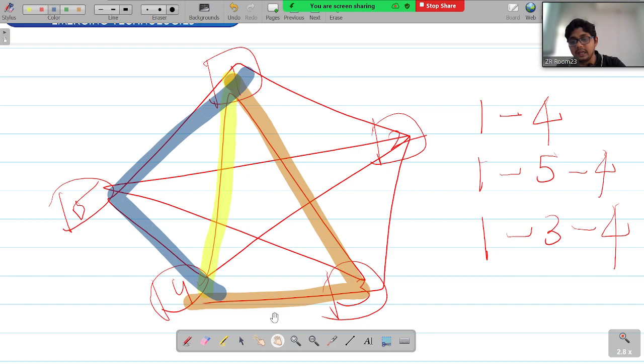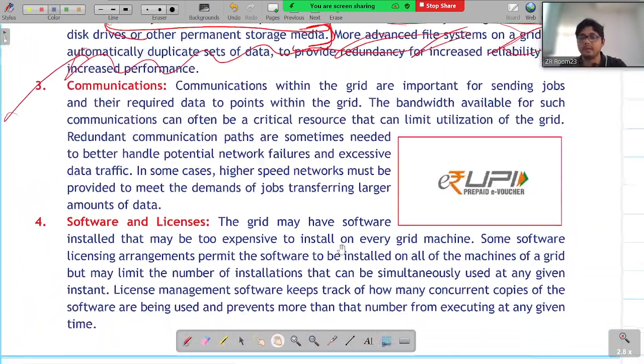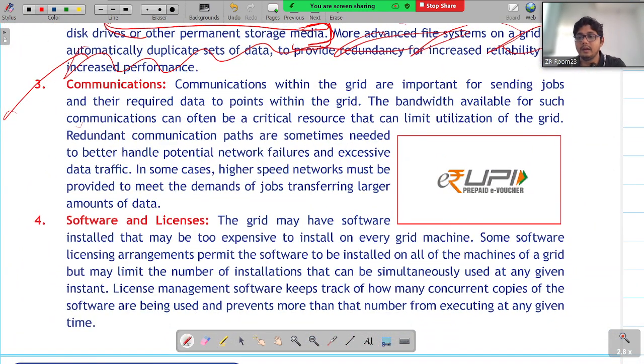This is what is written in English here: redundant paths are available to handle network failure or data traffic. So there are multiple paths. Redundant means duplicate, alternate path. So whenever I say grid, that means 5 computers, with a star and circle. Are you getting my point?